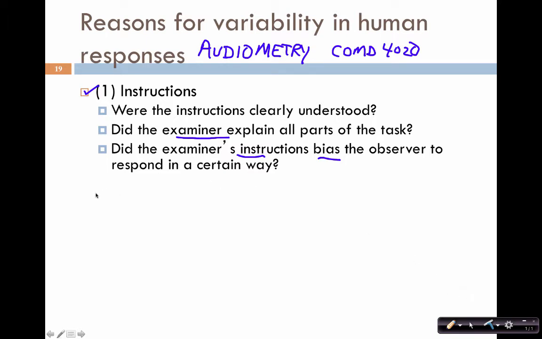In fact, the instructions are one of the primary ways that we can get a person to respond more or less. That'll become clearer when we talk about the theory of signal detectability.